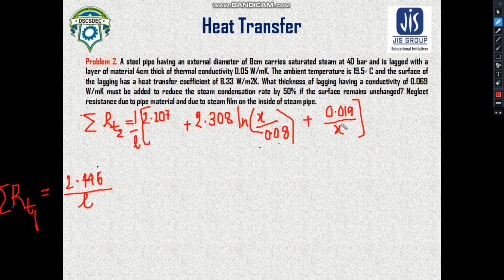And it indicates that the condensation heat transfer rate would be reduced by 50%. So it is quite evident that RT2, that means the sum of thermal resistances in the second case, will be obviously double the sum of all thermal resistances in the first case.